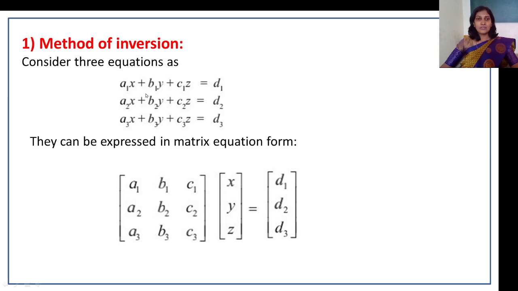They can be expressed in the matrix equation form AX is equal to B. A has first row a1, b1, c1, second row a2, b2, c2, and third row a3, b3, c3. The unknowns are x, y, z, and B is d1, d2, d3. This is the matrix equation form.